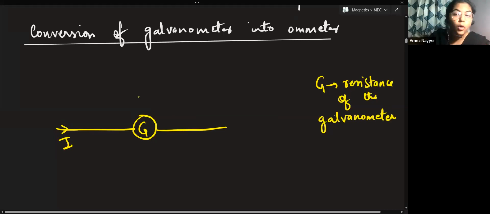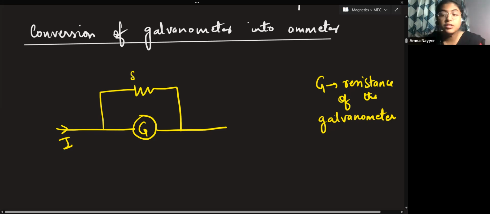Fine. In order to convert it into an ammeter, you have to connect a shunt in parallel with it. Shunt is basically a resistor. This is shunt resistance.